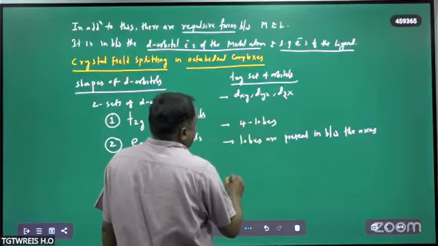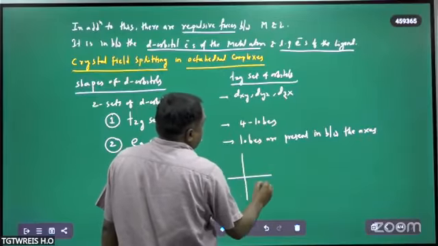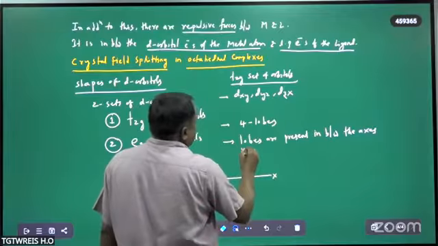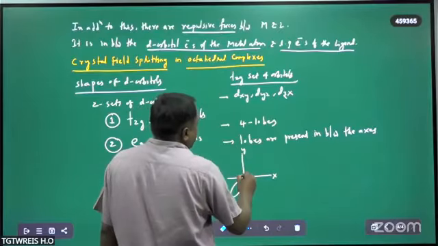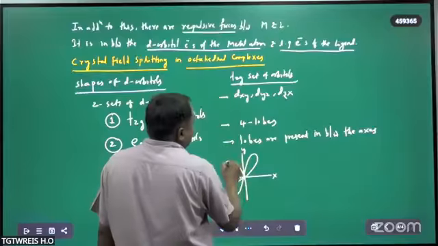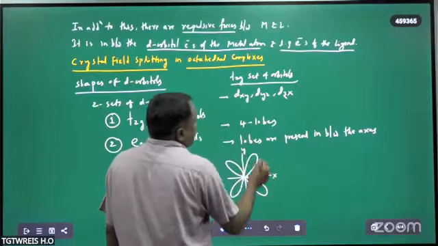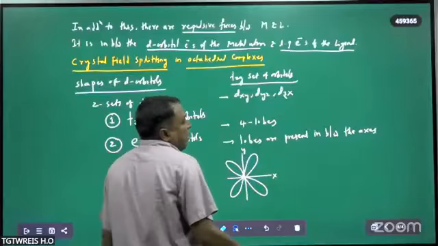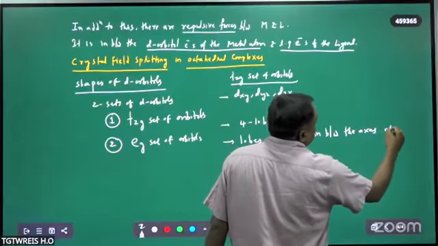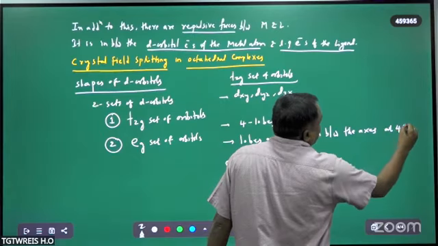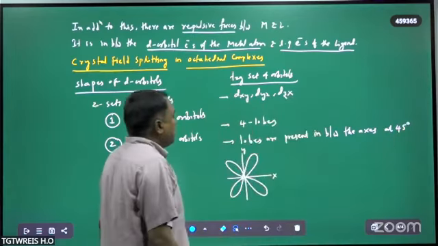For example, this is the x-axis, this is the y-axis. So the lobes are present in between the axes at 45 degrees angle.